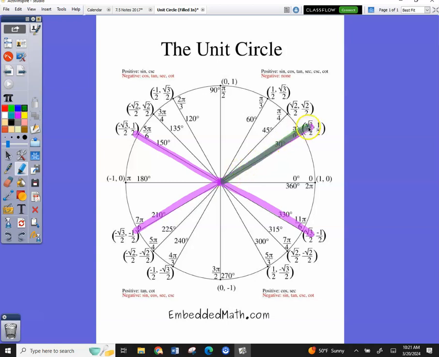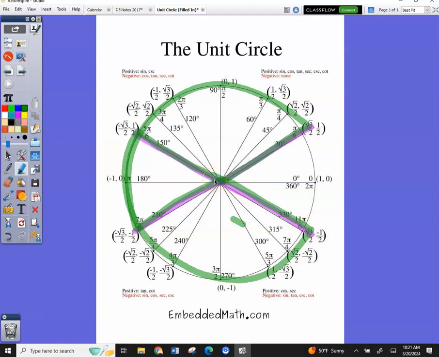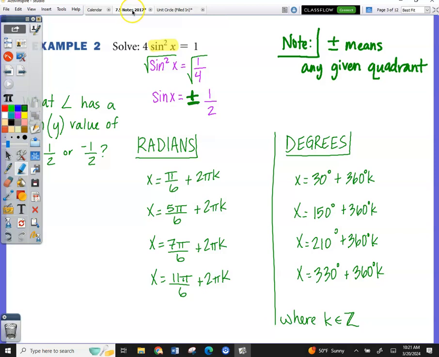The 30-degree angle could just get added with 180 to hit the 210 angle, and then the 150 angle can get added with 180 to hit the 330. So basically the polar opposite ones, you can condense into one expression.